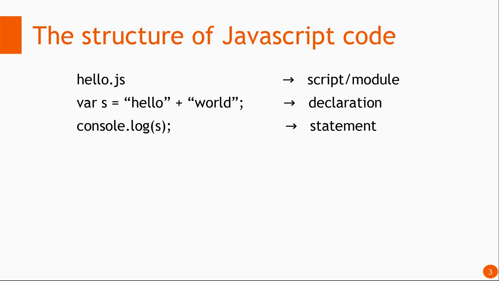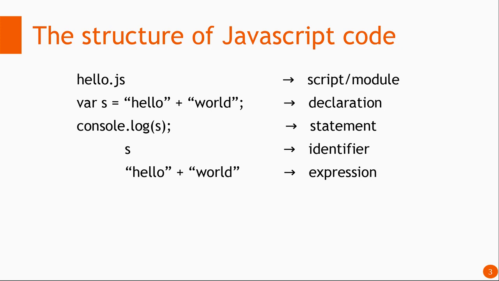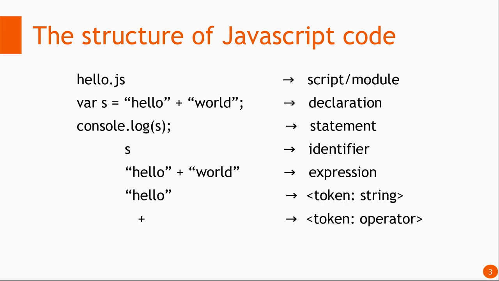Okay, let's move on. Here we have a variable named s, which will be tagged as an identifier by the compiler after lexical analysis. On the right-hand side of the equal sign, we have an expression that is hello concatenates world. If we take a look into a little detail, the hello string is a string token, and the plus sign is an operator token.